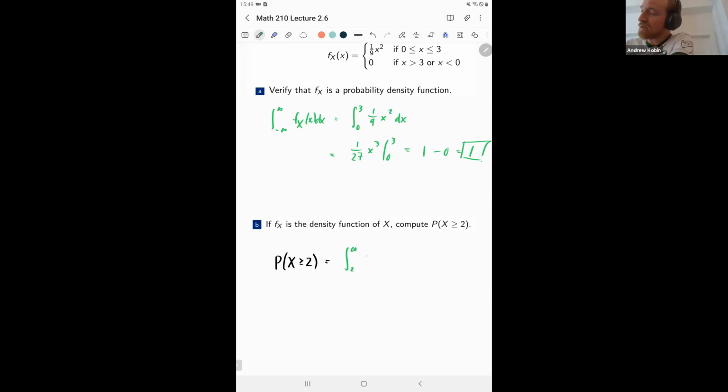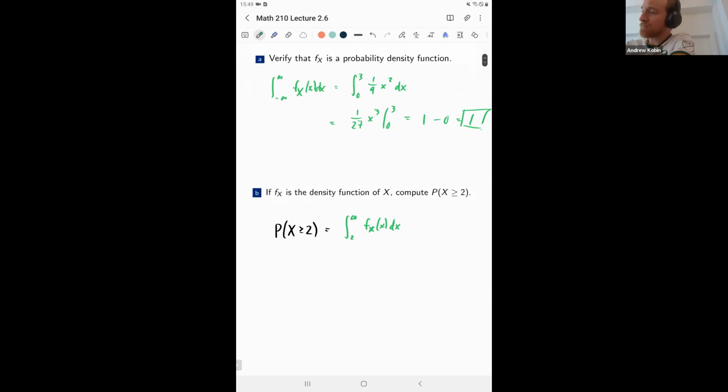And we want to just integrate its probability function to compute this probability. So this is the name of the game with computing probabilities. We convert the P parentheses event into an integral of the probability density function f. That's always the first step for computing probabilities in these continuous situations.